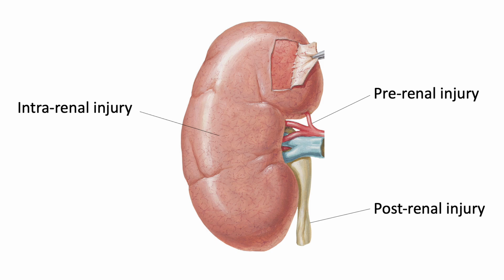With intrarenal, the problem is in the kidney itself, and we'll talk about a variety of causes of that. And post-renal, as shown here, is pointing at the ureter. Post-renal is typically distal to the kidney, so the urine has left the kidney and is being obstructed somewhere, so a post-renal cause is typically going to be obstruction.